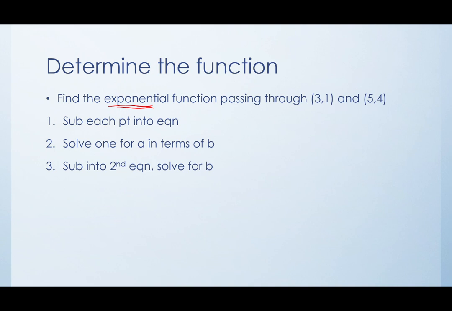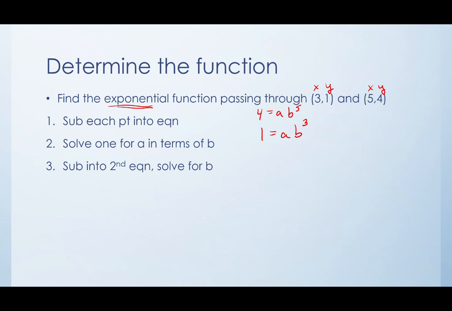And so all we can do here is say, I've got 1 equals AB to the 3, because remember, this is x, this is y. And I've got 4 equals A times B to the 5. And again, you can do what the instructions say to do here.